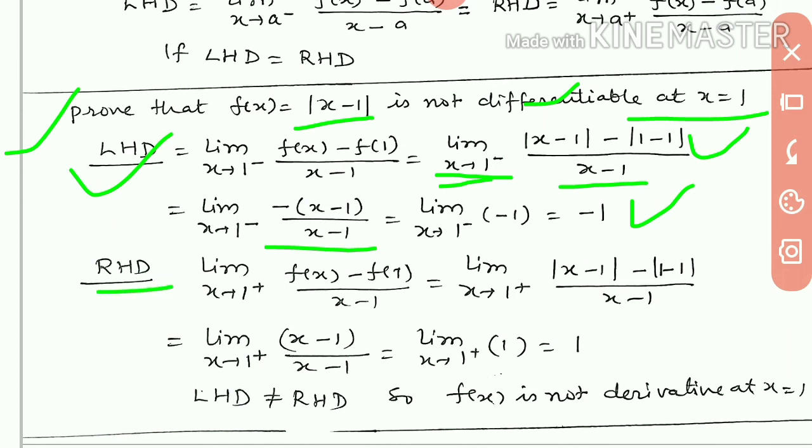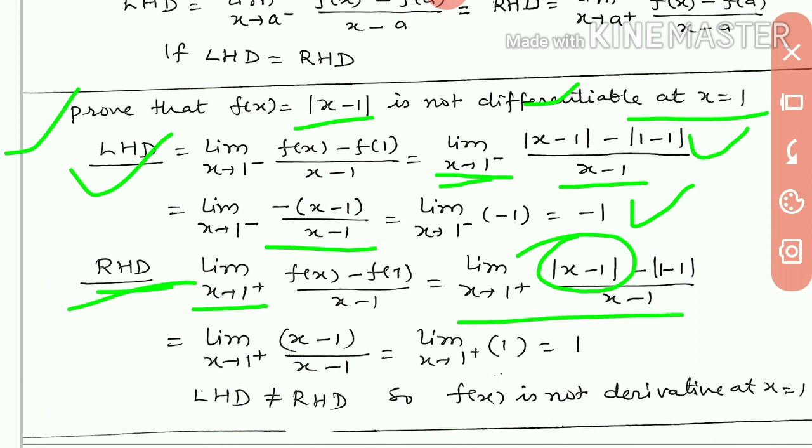Similarly, you find the right hand derivative. The right hand derivative means x tends to 1 plus, meaning more than 1. This part is as it is, and here in this modulus you check that x is greater than 1. When you subtract 1 from something greater than 1, inside the modulus you get a value greater than 0.